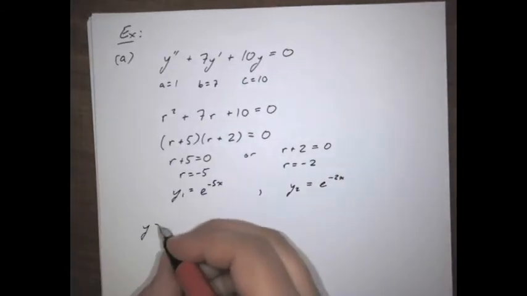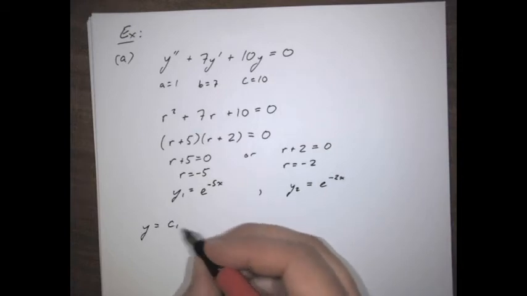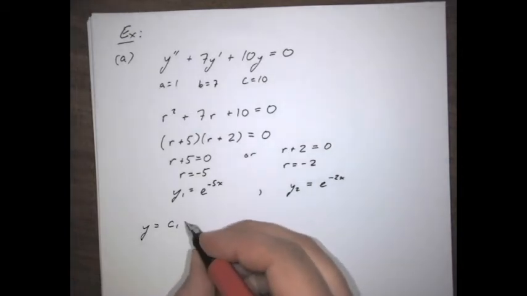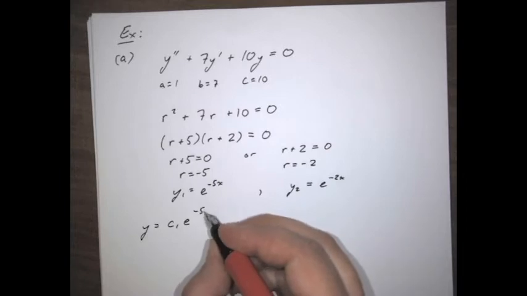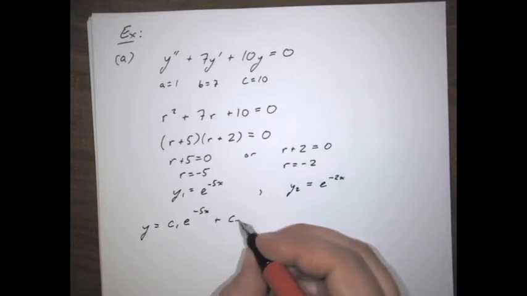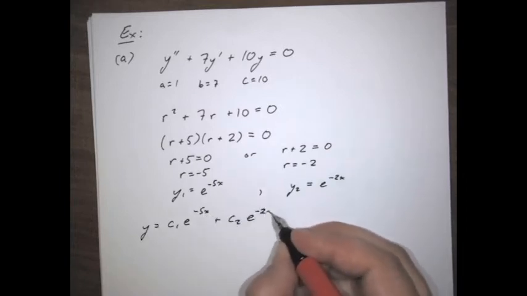And then that gives me a general solution, y equals some unknown constant c1 e to the negative 5x plus c2 e to the negative 2x.